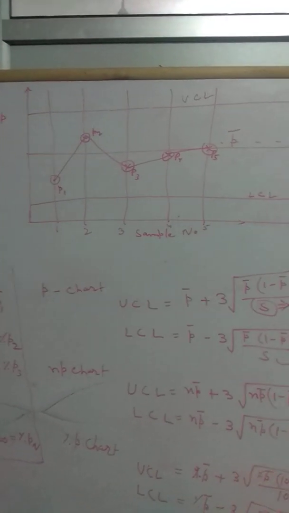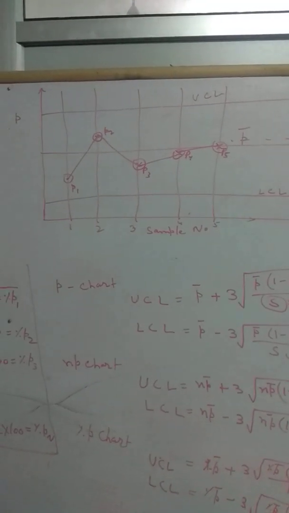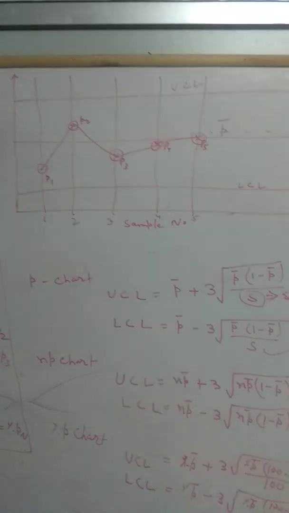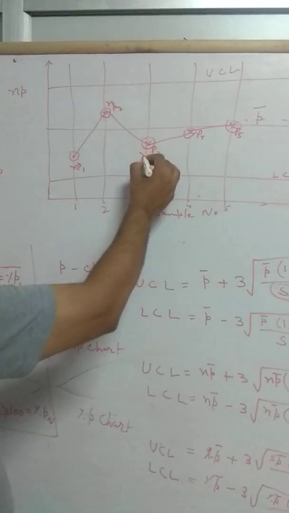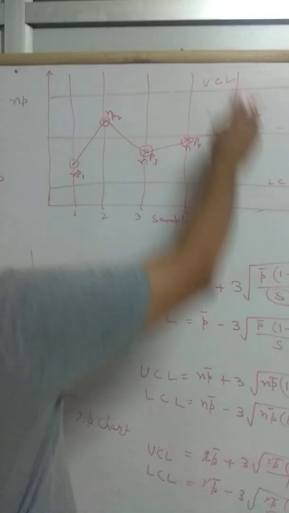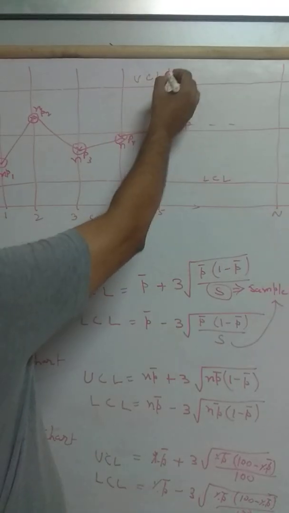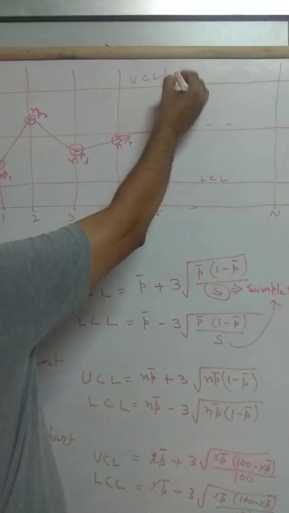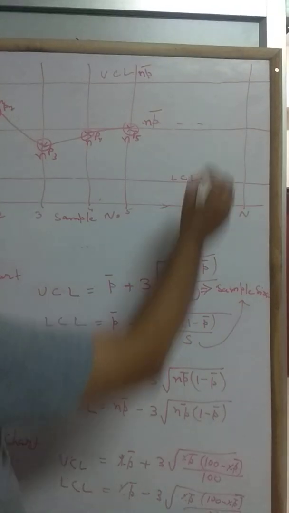In this way, we construct the NP chart. Here we will put the values of NP1, NP2, NP3, NP4, NP5, and here we will put the control limits for NP bar: UCL for NP bar and LCL for NP bar. Okay.